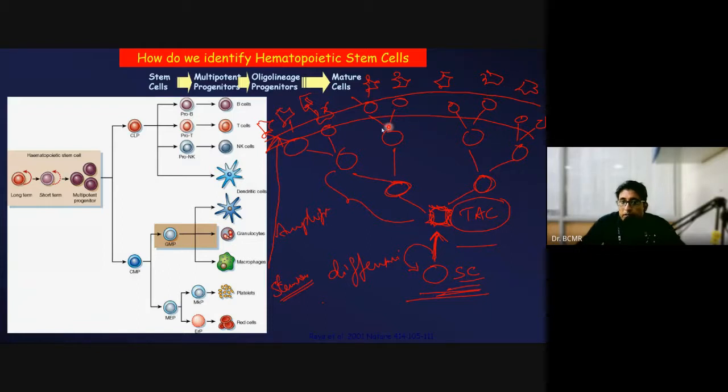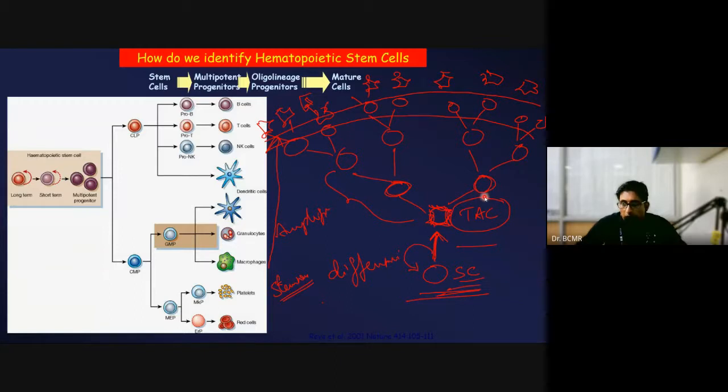Between this region, the transit amplifying cells will undergo cell division, but I don't think they are asymmetric cell divisions, though they could be a little bit. Eventually they will divide 2 times or 3 times, 3 rounds maybe, and they will not remain in the transit amplifying state for too long.